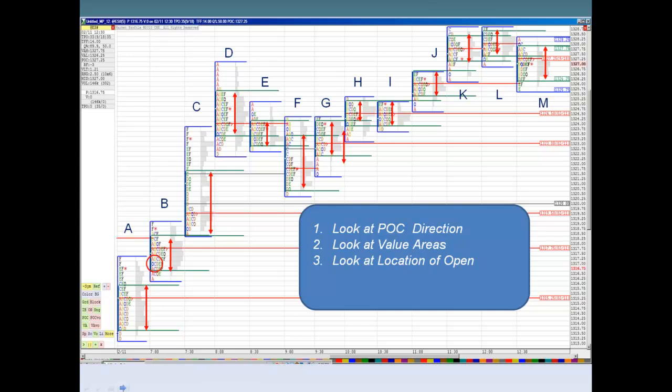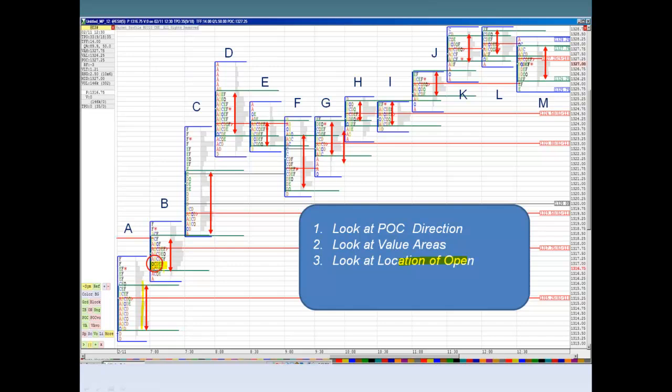All right, now I want to direct your attention to another important element that we want to look at and study on this fractal or this mini profile chart. The opens. We've learned a lot about where the open occurs relative to the value area of the prior day. Now let's think of just the prior period.